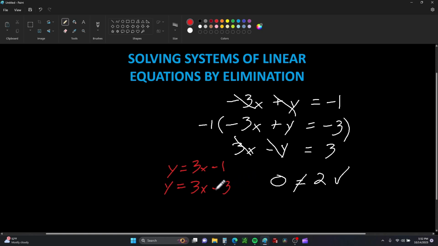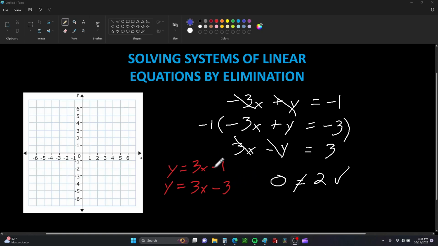Let's look at this on a graph. Looking at equation 1, the y-intercept is -1, and it goes up 3 over 1, up 3 over 1. And if I draw that, and then compare it to this other one, which has a y-intercept of -3, it goes up 3 over 1, up 3 over 1.